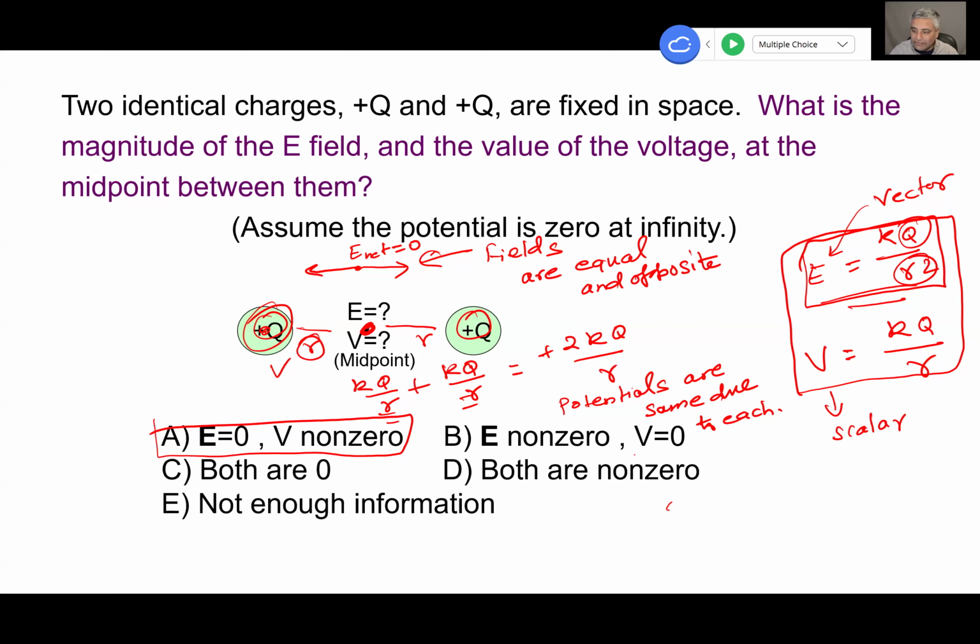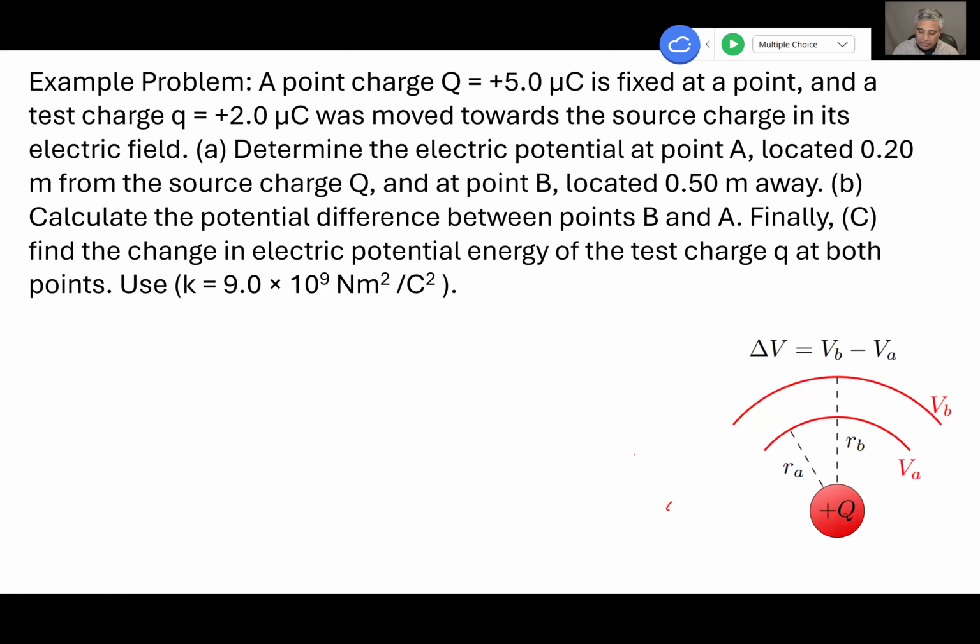Now, potential difference we talked about, and there is a question related to this. And this question is from our example problem in our note. It's already done in the note. So this is basically the same picture there. So it talks about 2 points A and B. So this is A, this is B, right?